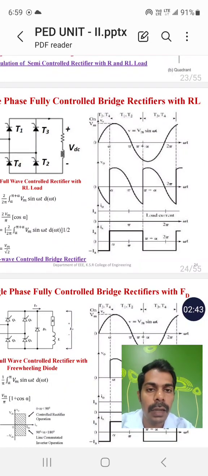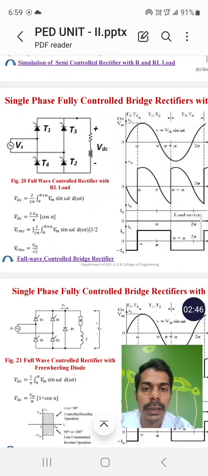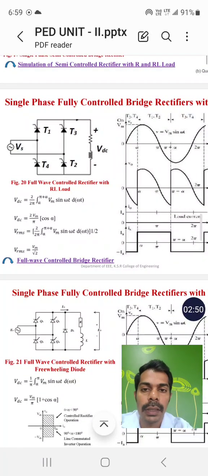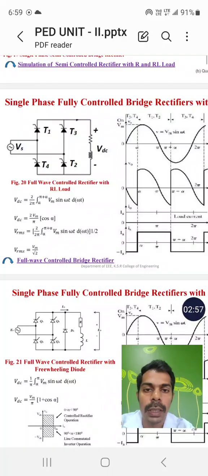In this pi plus alpha region, the thyristors T3 and T4 will conduct. How? The positive and negative will be interchanged in the single phase input supply, so that the positive anode is given to the thyristor T3 and the negative supply is given to the cathode of T4.